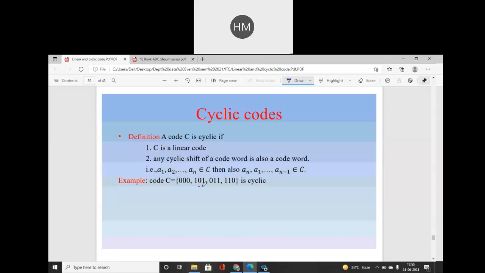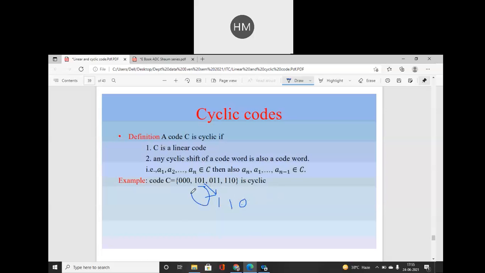This code I have taken. Okay, right shift, so what will happen? I have shifted the 1 to the right side. So where will this 1 come first? It will be the MSB of my digit. Then after the 1 is shifted, my first digit becomes 0. This will be my first digit. Then after 0 I am having 1. And at last, this 1 was shifted to the right. It is rotated like this.